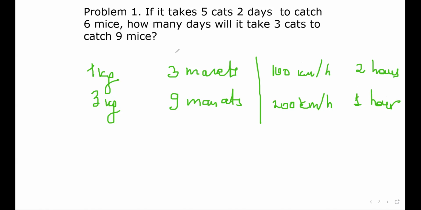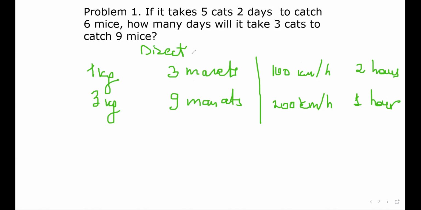So you can see now two types of problems. The first problem is about direct proportion, because here an increase in the number of kilograms also results in an increase in monas, an increase in price. So let's write here: direct proportion.